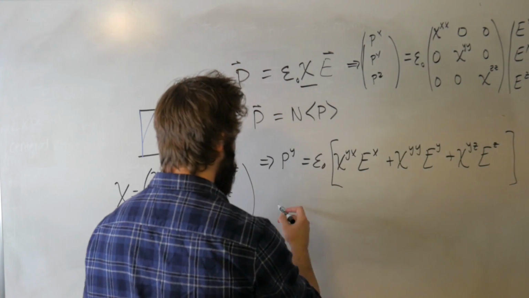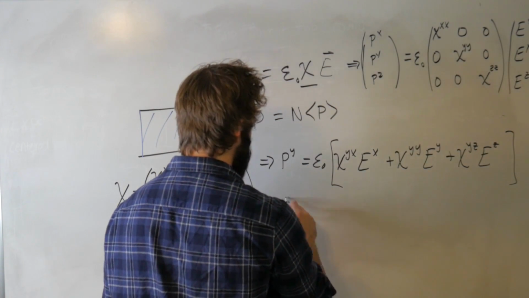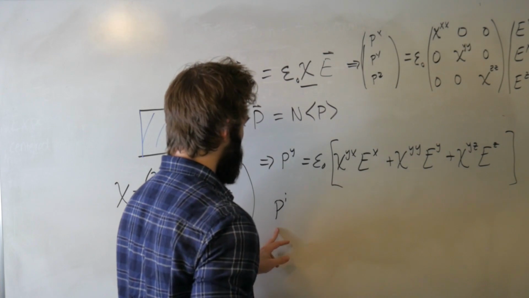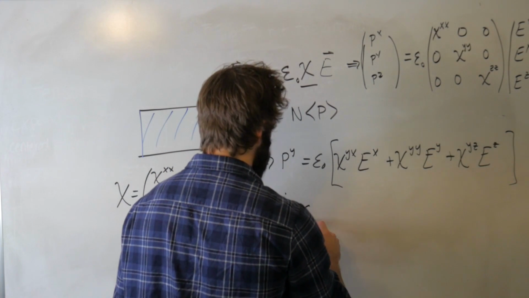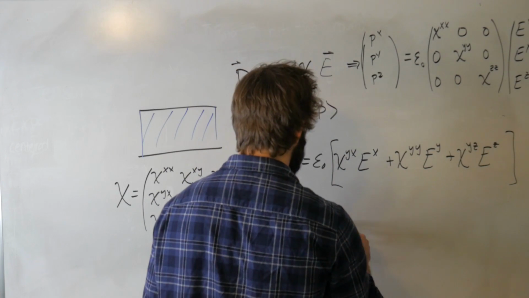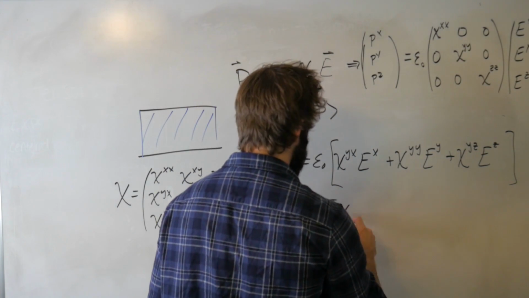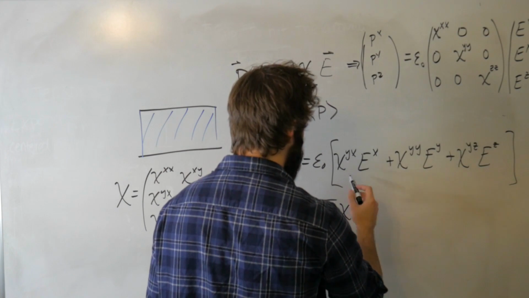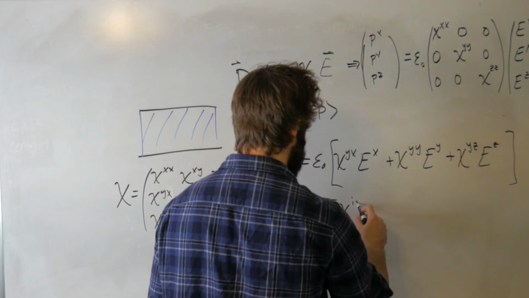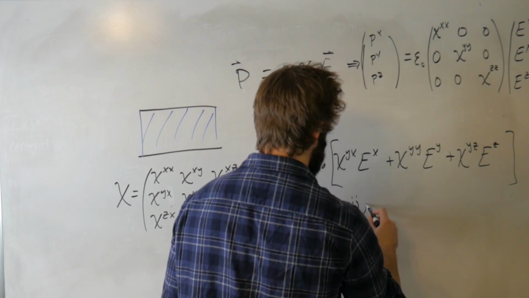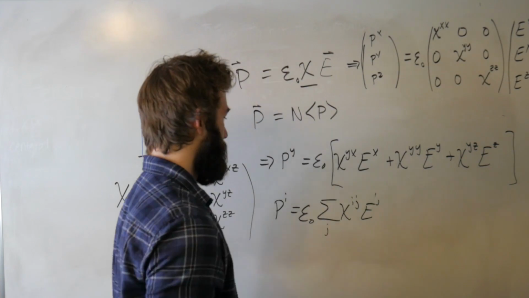So that we can shorthand this a little bit by saying the ith component of the polarizability vector is equal to epsilon naught times the sum over j of chi ij ej.